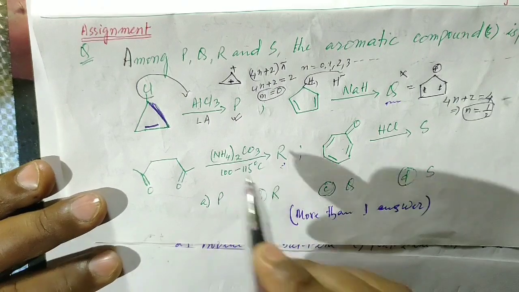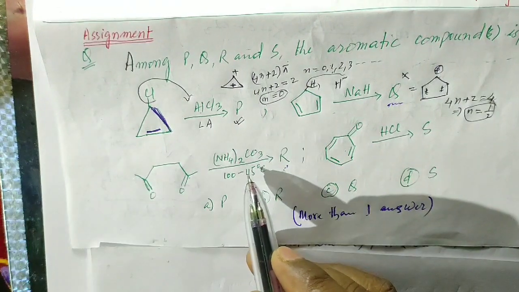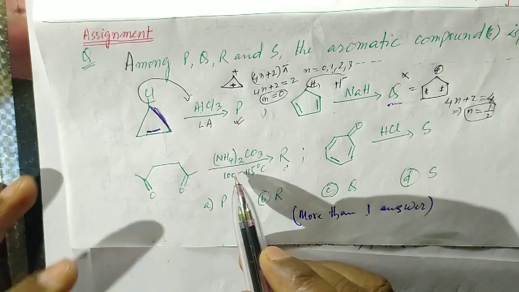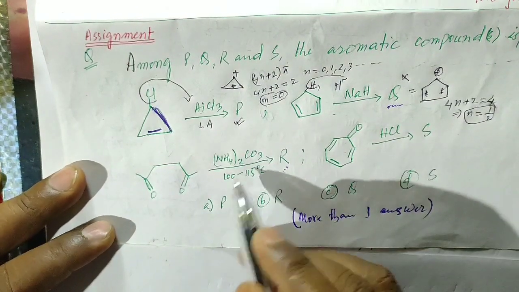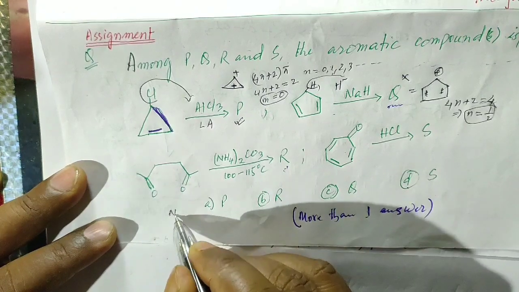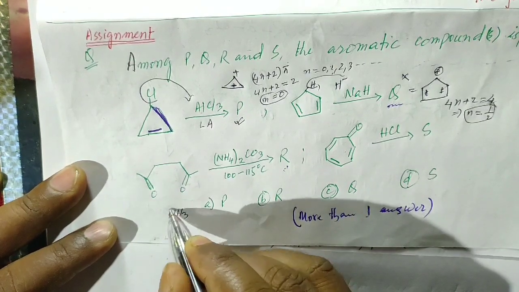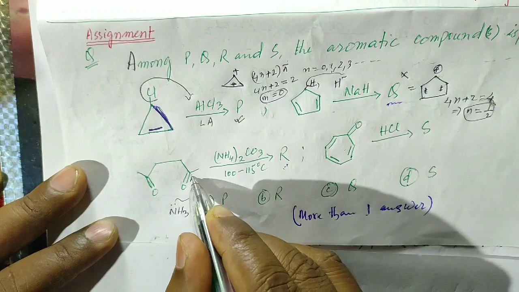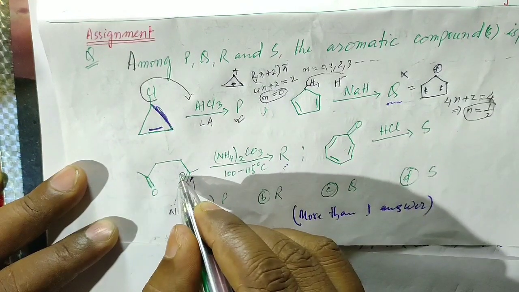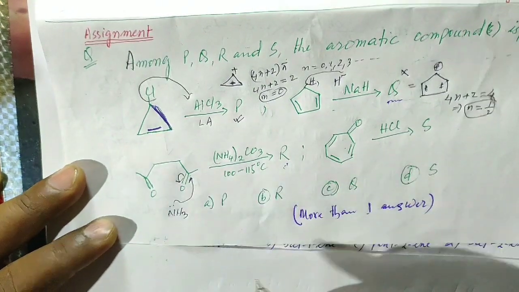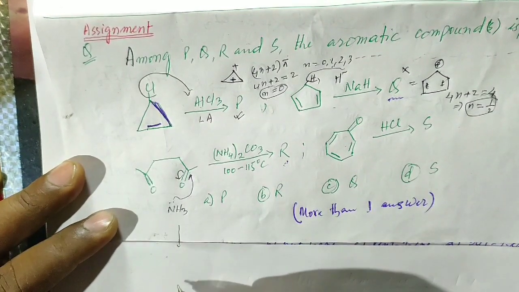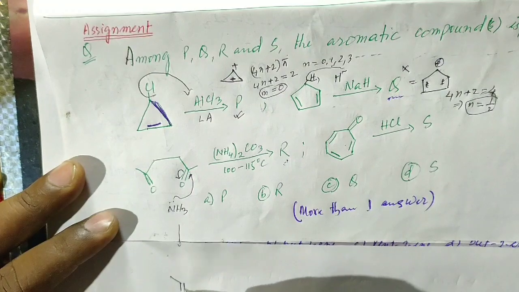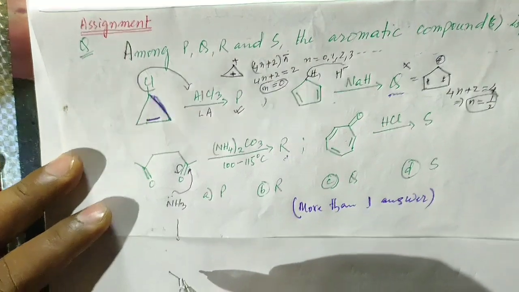For this question, ammonium carbonate dissociates to form ammonia, carbon dioxide and water, so that ammonia will attack as nucleophile to this carbon atom, like this. Let me write here.